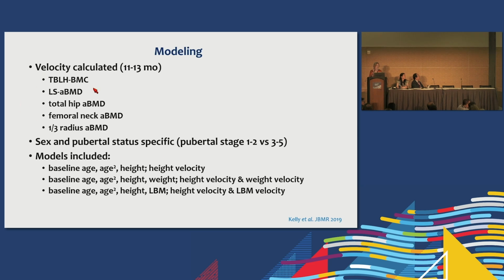We did it for total body less head, lumbar spine, hip, femoral neck, and the 1/3 radius. These were sex and puberty specific, and the models were distinct. We either just adjusted for height velocity and weight velocity, because we recognize that not all centers would have access to lean mass from a whole body DEXA, and then we also developed these for lean body mass accrual.